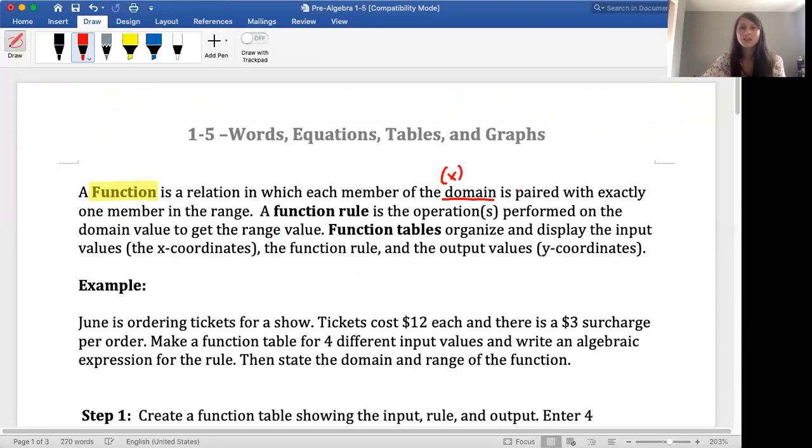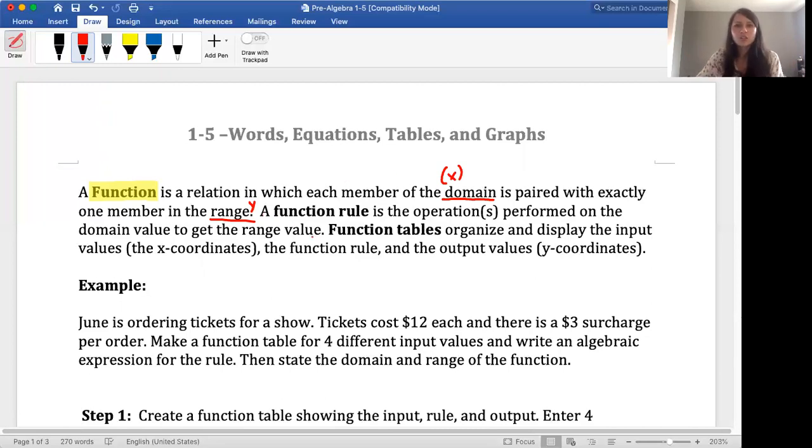Is paired with exactly one member in the range. So remember, range means y, okay? So I cannot have a y value that has more than one domain or more than one x value. So we'll talk about that in a second.